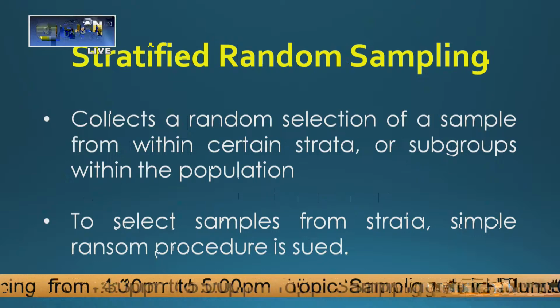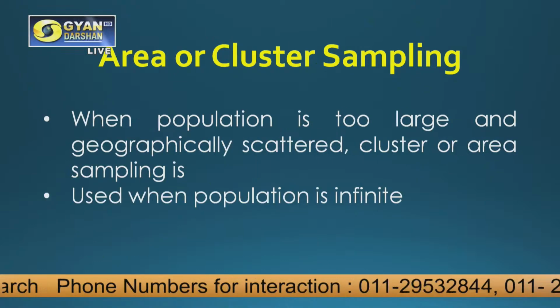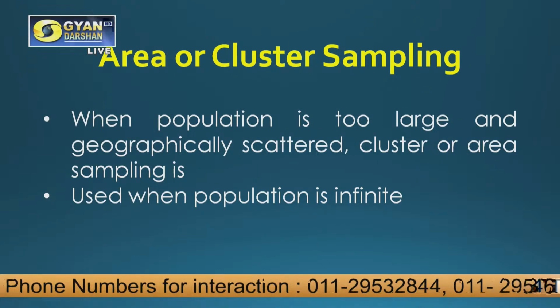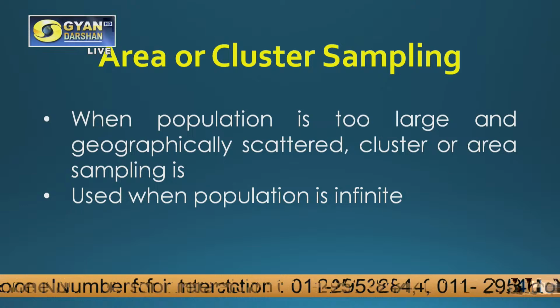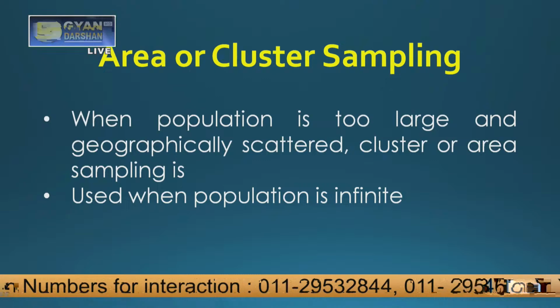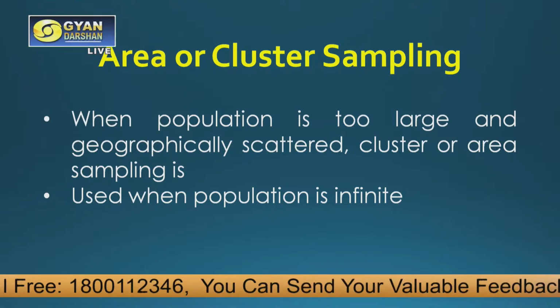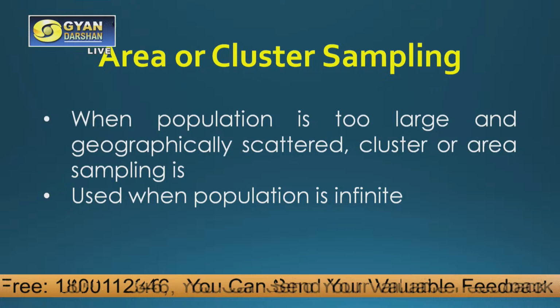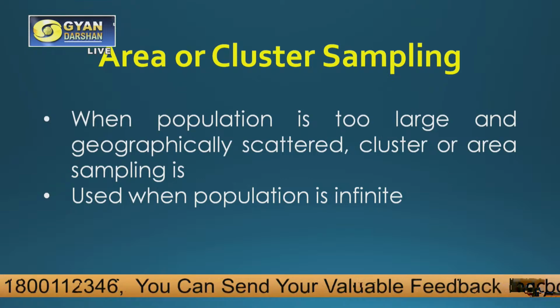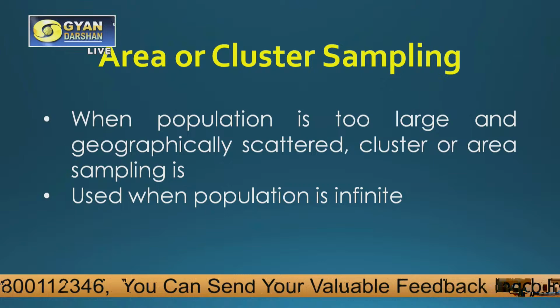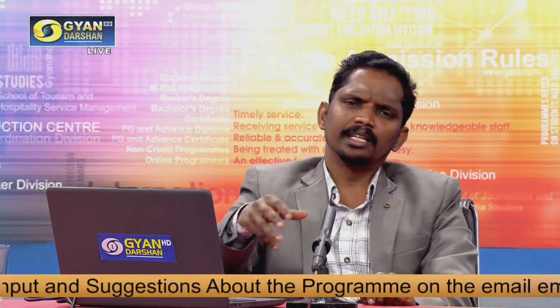The next is area or cluster sampling. This is employed when the population is too large and geographically scattered. The other idea is when the population is very large or almost infinite, like a country, and very geographically scattered.